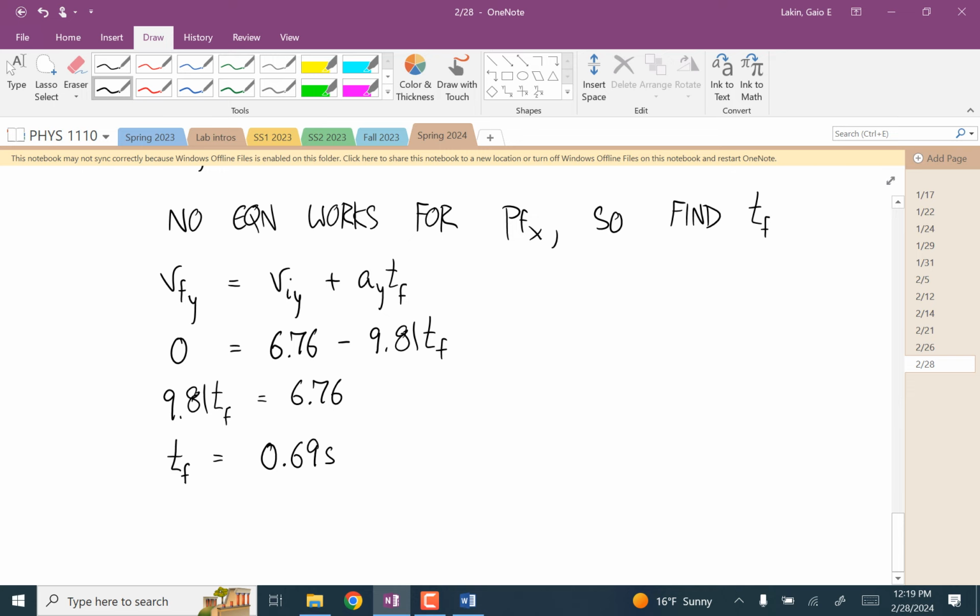Does it make sense that TF is smaller for part B than it was for part A? Yeah, because the ball has to get to the highest point, and then time keeps going as it goes down and gets to the basket. Okay?